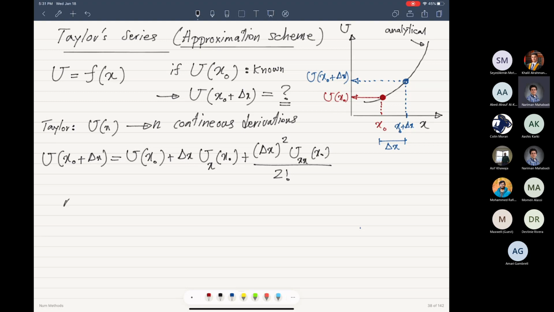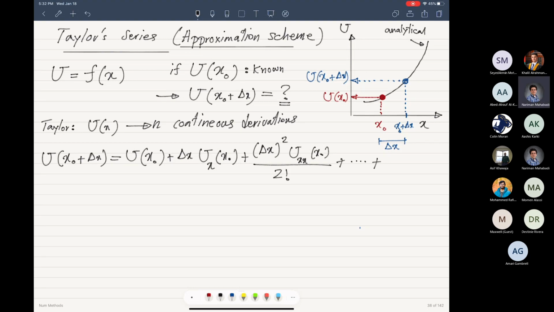And you know the factorial, right? N factorial means 1 times 2 times 3 up to n. So this is the factorial form, plus n continuous terms.